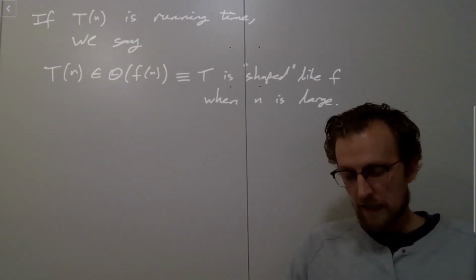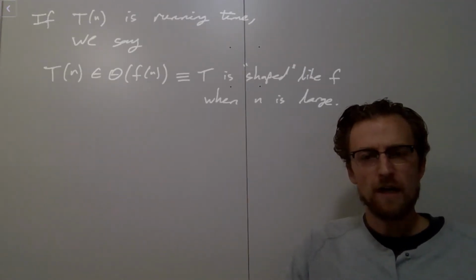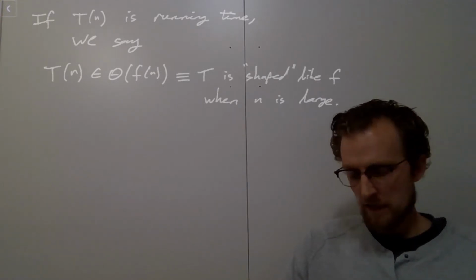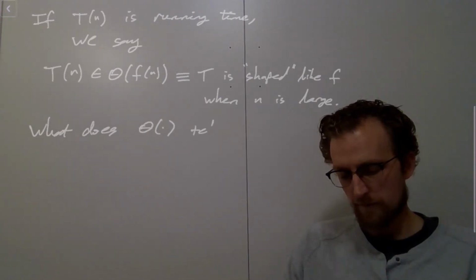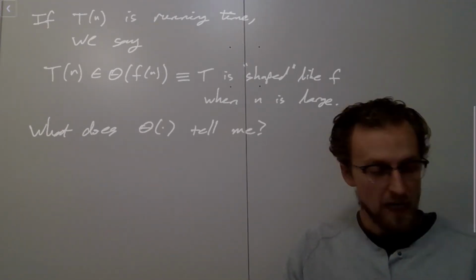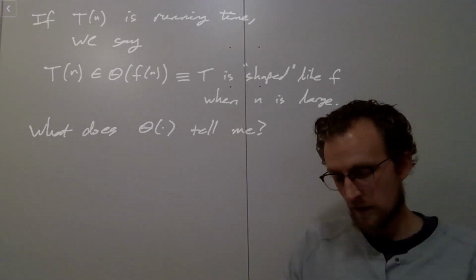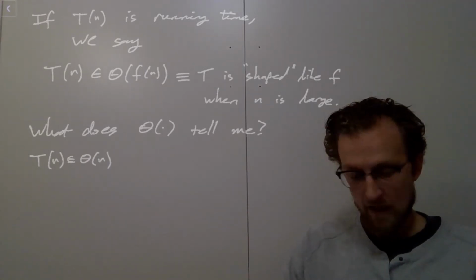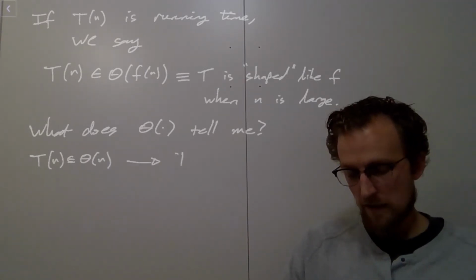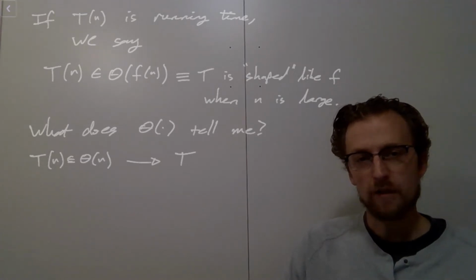So what does this tell us? If I know that T is big theta of some function, what does this tell me? Well, there's this table that I did early on in the course, and I said, look, suppose T of n is big theta of, say, n. Then this tells me that doubling the input size approximately doubles the running time.